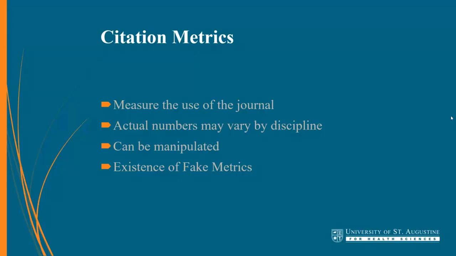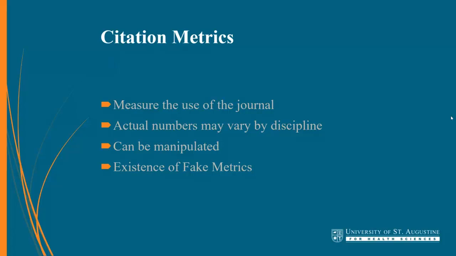But if you go over to the arts and humanities and look at an H5 index, say the Journal of American History, that might have an H5 index of 49, which doesn't compare at all to the 350 of Nature, but that might be the top journal in that field.